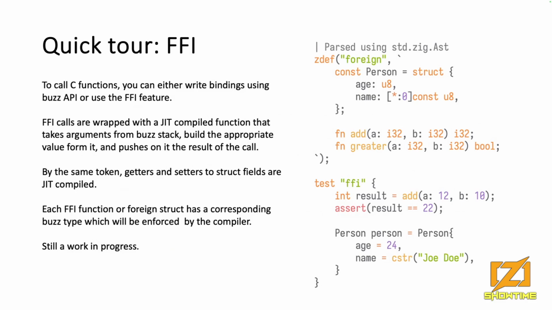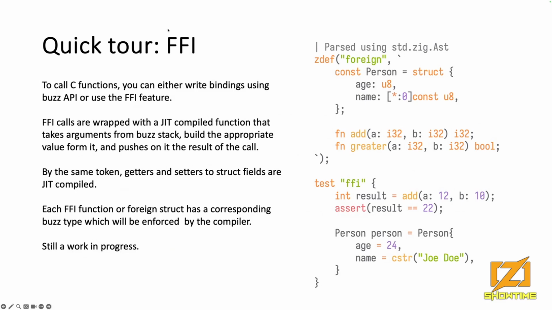You could use the API to take arguments from the stack, convert them to the expected types of the C function, call the C function, take the return value, make it a Buzz value, and push it back on the stack. You could do that for any function you have to implement, but it's quite time consuming.